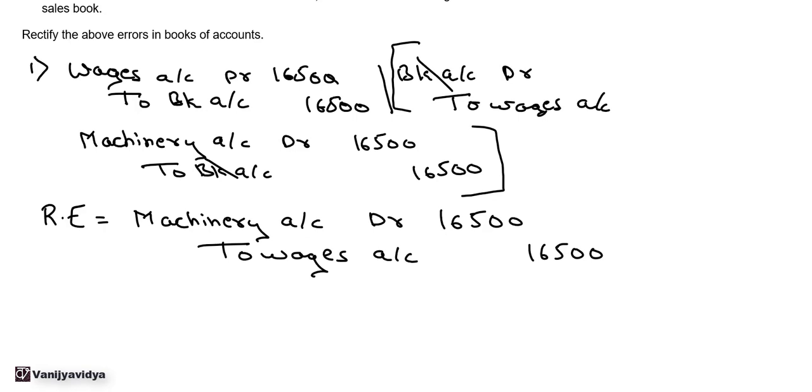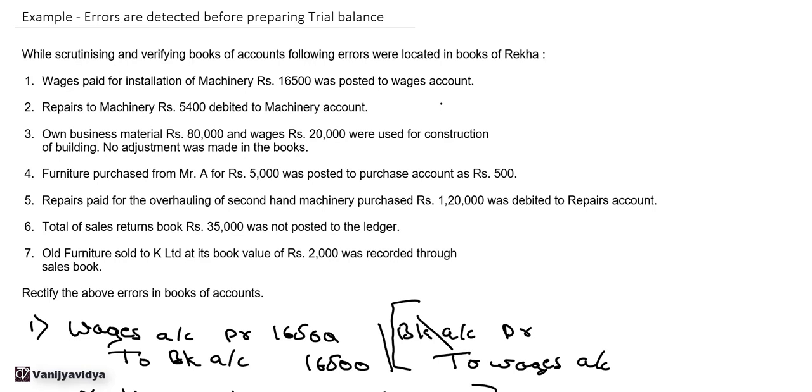Next, 2. Repairs to machinery rupees 5,400 debited to machinery account. Now, in this case what has happened is there were some repairs, normal repairs to a machinery. Now these repairs are after the machine is started to use in the factory.